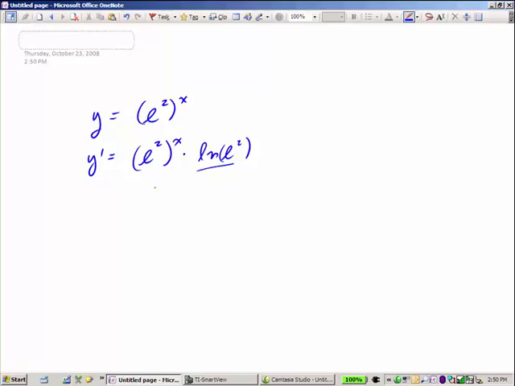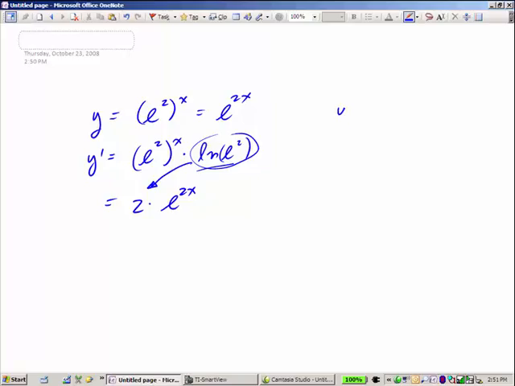The ln of e squared, not ln of e, is 2. So in this case, if it was e to the 2x, the derivative would be 2 times e to the 2x. This is 2. We just said that that's 2.